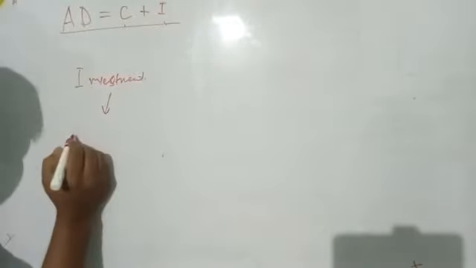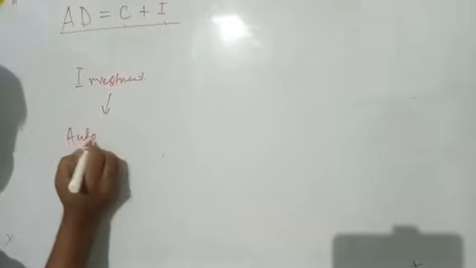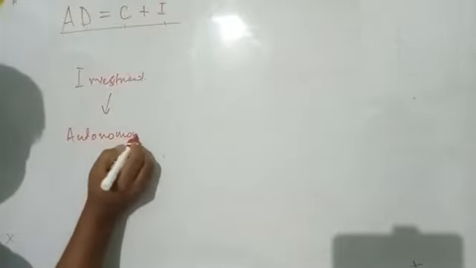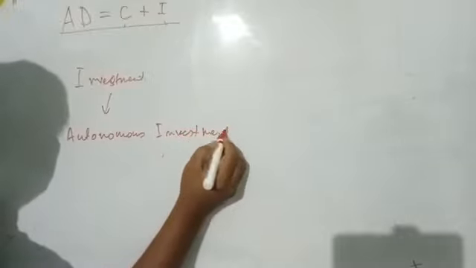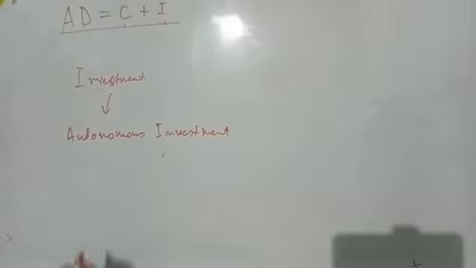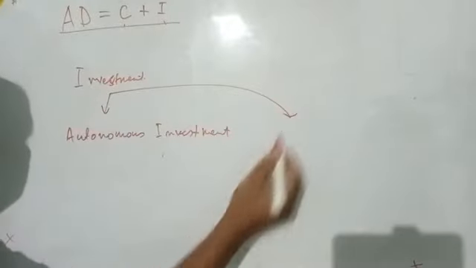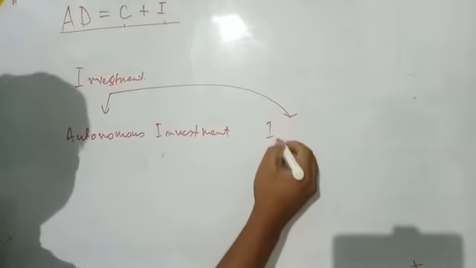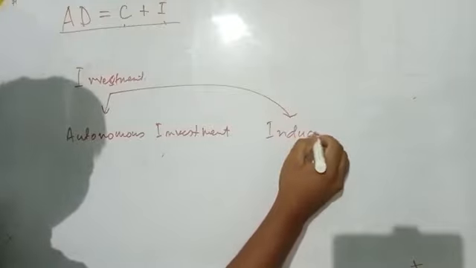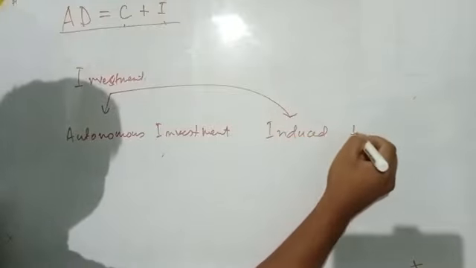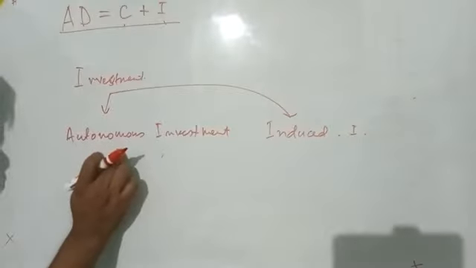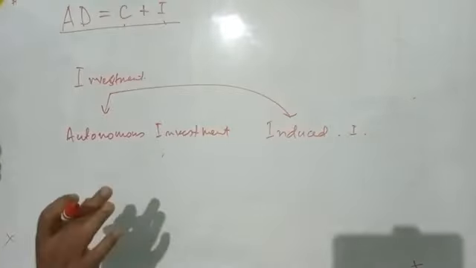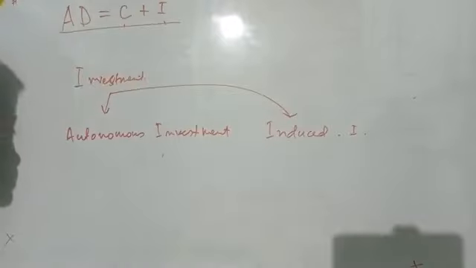One is autonomous investment, and the other one is induced investment, which I have already discussed. This autonomous investment means investment that does not depend on anything is called autonomous investment.